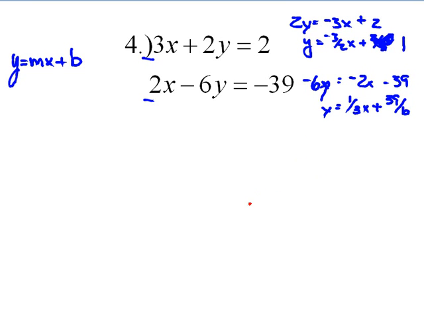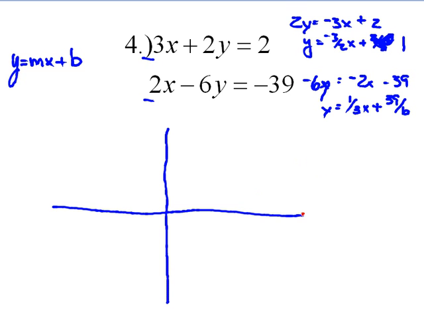Alright, now the trick is to graph it. Let me show you how this works. I wish I had a grid system. It would make things a lot easier. Let's start with this one. The 1 is the y-intercept. So y equals 1.